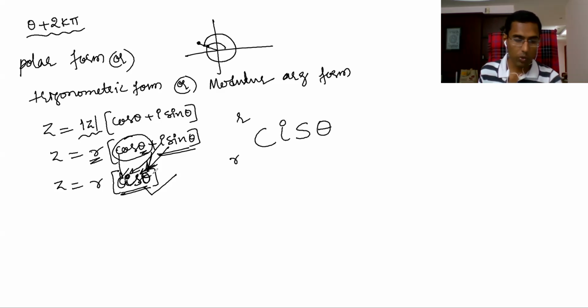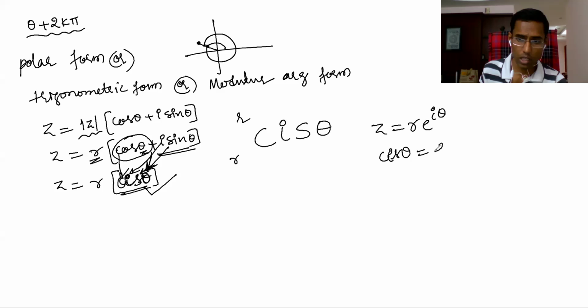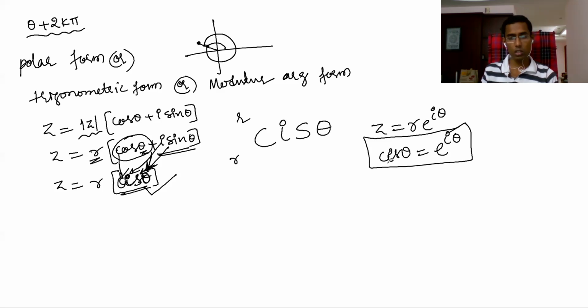Okay, there is no derivation for cis, but Euler's form has a derivation. What is that? z equals r into cos theta plus i sin theta can be written as r into e power i theta. We'll discuss that derivation also, that's not a problem. All right.